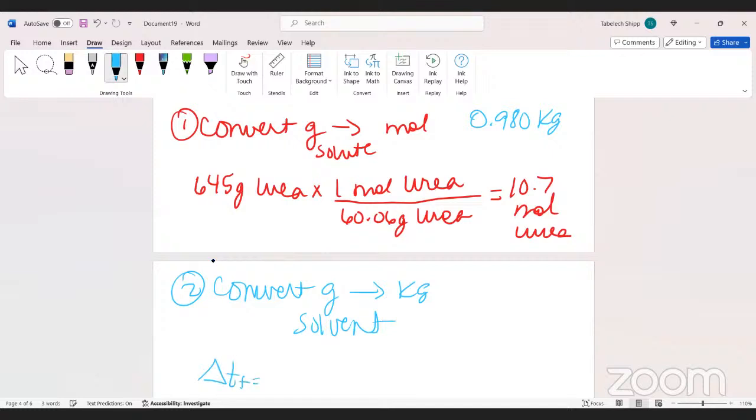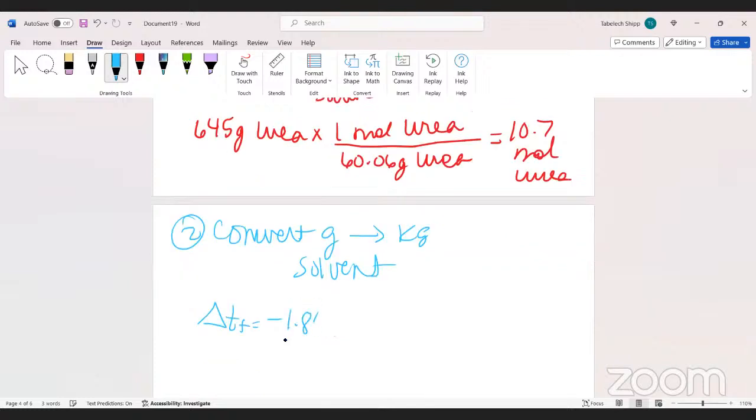Delta T of F is equal to the negative 1.86 degrees Celsius per molality. And then we're going to multiply that times, remember, the moles of your solute goes on top, 10.7, divided by the solvent, 0.980.